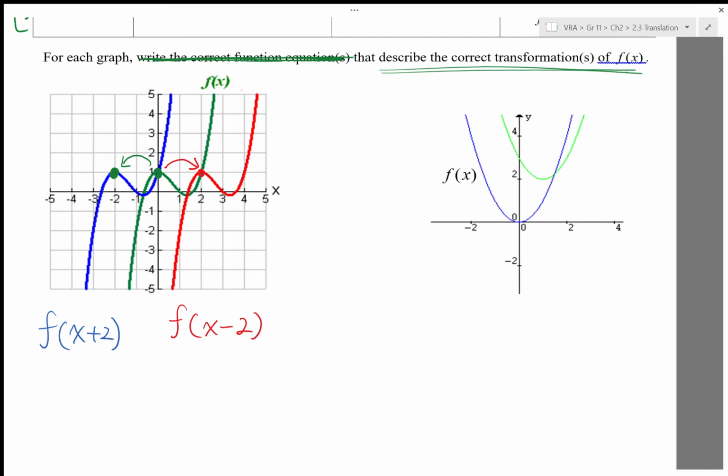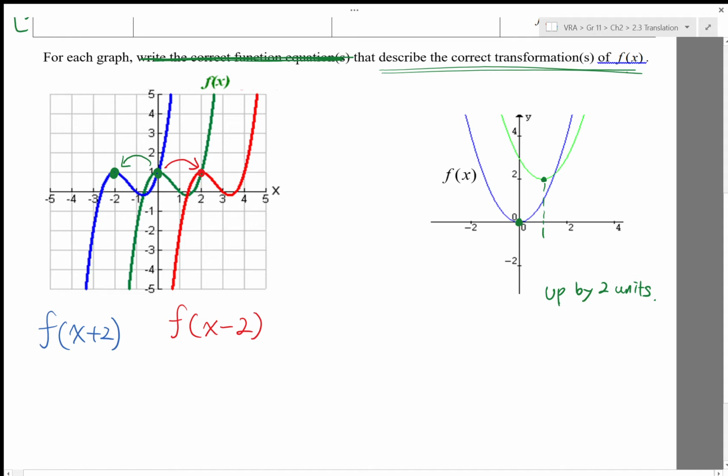Now let's take a look at the next one. We have the blue one as the parent function, and the green one as your transformed function. When you try to find the description of the transformation, you just need to choose a point. In a parabola, the easiest point is your vertex. So the vertex was at 0, 0. Now it moved to, let's say, 1, 2. In terms of the y value, it increases by 2, meaning it's up by 2 units.